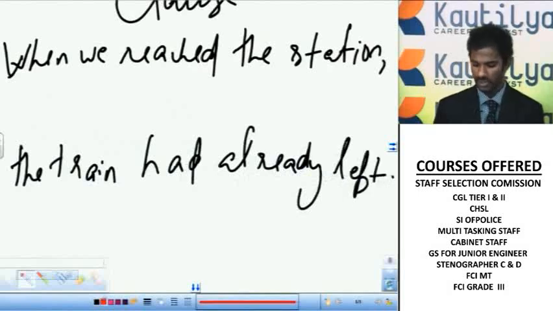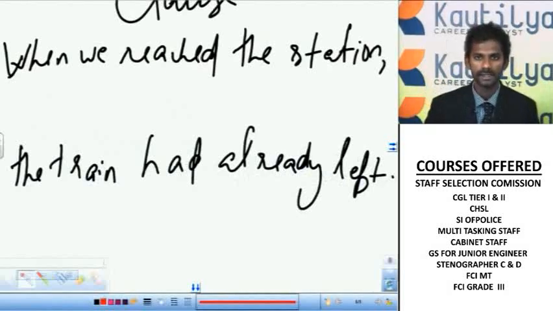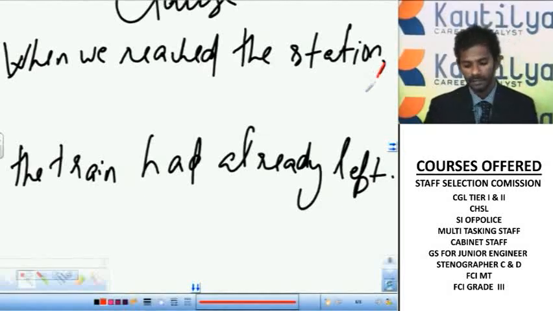When we reached the station, the train had already left. How many clauses are there in this sentence? There are 2 clauses shown by the comma. When we reached the station is one clause, the train had already left is another clause, right?